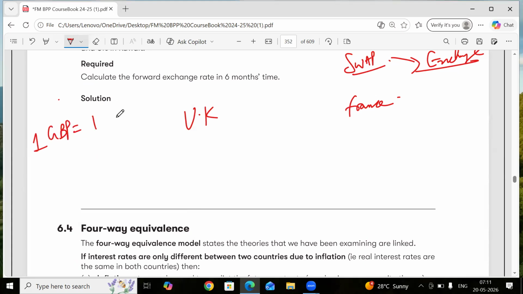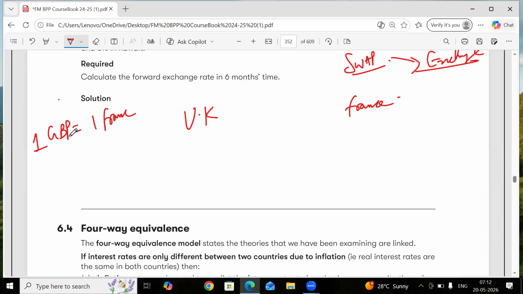Today the exchange rate is 1 GBP is equal to 1 franc. What they have the fear is, the French economy is more volatile, or the French currency is more volatile.